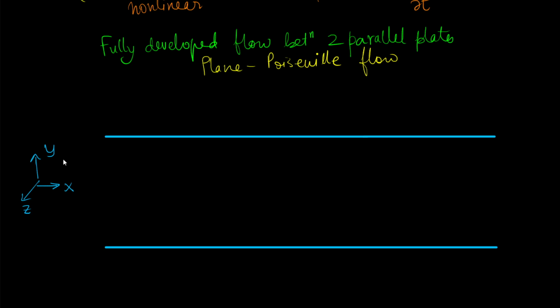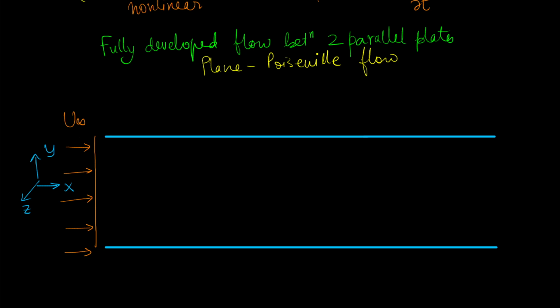So the plates are considered to be infinitely long in the z direction. Let the incipient flow be at some u infinity condition. So let the incoming flow be something like this. So now we want to find out how the flow actually develops. So these are all driven by intuition.